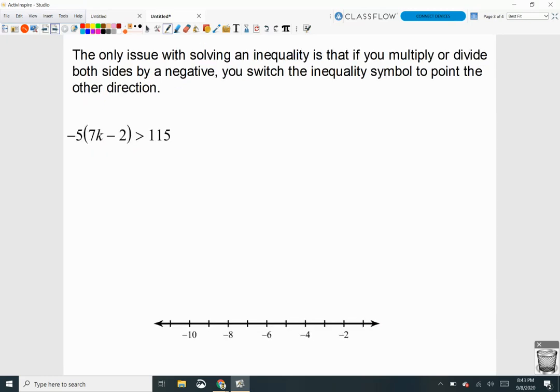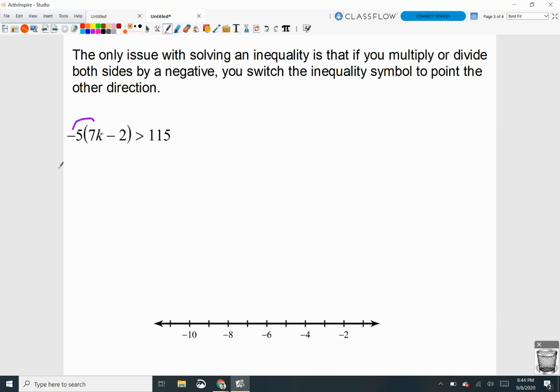The only difference between solving an inequality and solving an equation as far as the process goes is at the very end of your process. If you have to divide by a negative, you have to turn your inequality symbol to point the other direction. And that's what's going to happen here on this one.